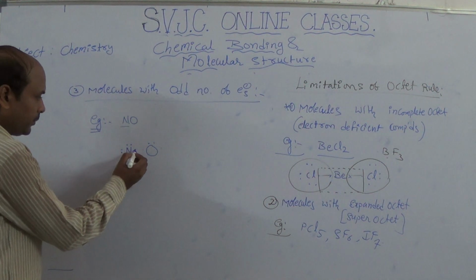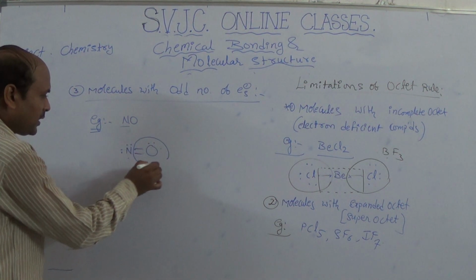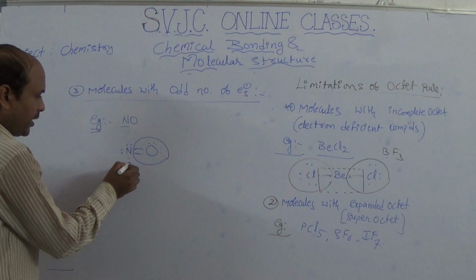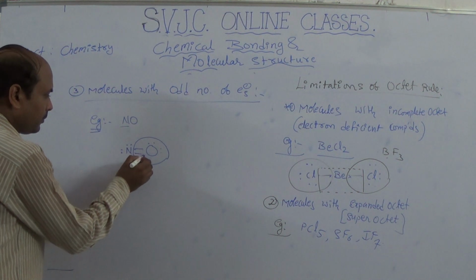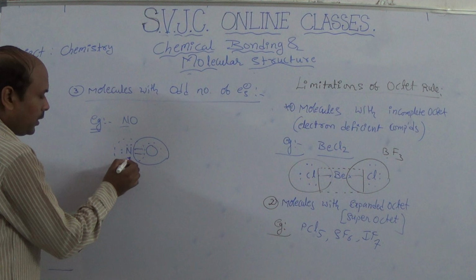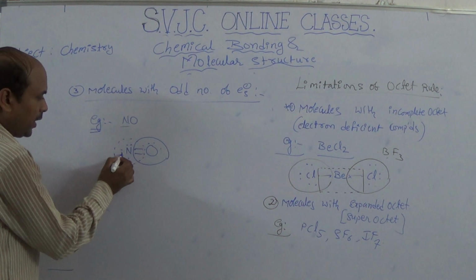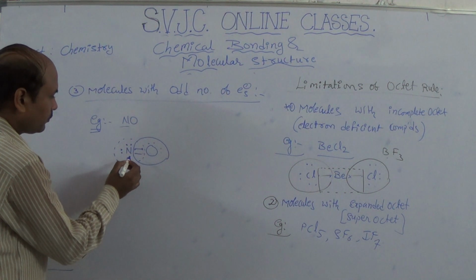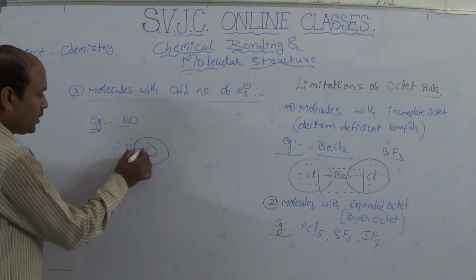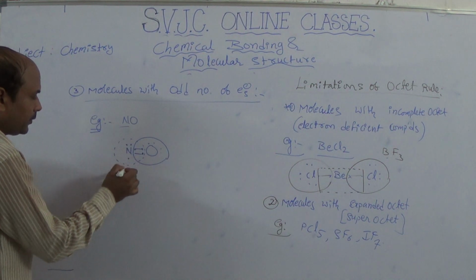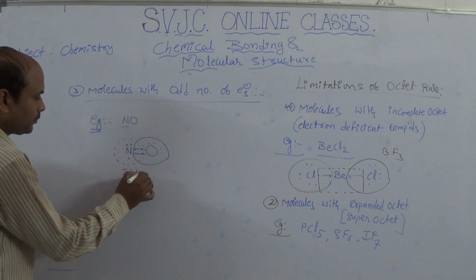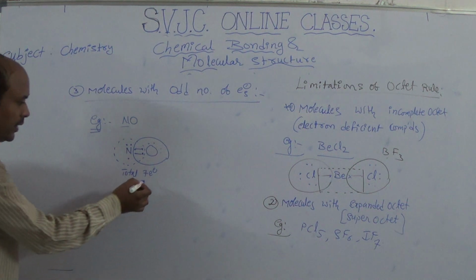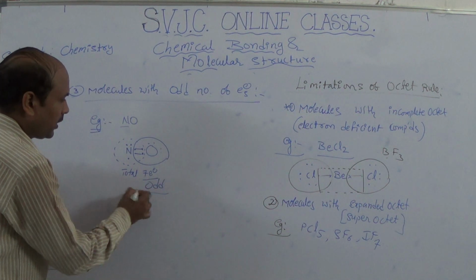In this molecule, oxygen satisfies the octet, whereas nitrogen has a total of 7 electrons. 7 is an odd number.